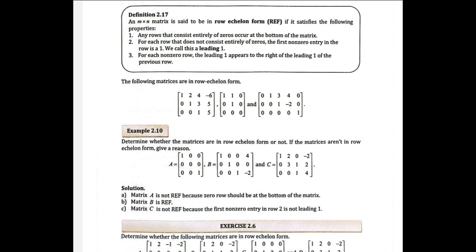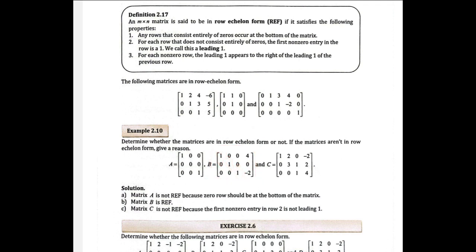So let's demonstrate our understanding of REF. Let's see, A, is it REF or not? You have an entirely 0 row here, but it is not at the bottom, it is in the middle, so this is not REF. Then secondly, for all of the non-zero rows, you have a leading one: start with 1, start with 1, start with 1, check.